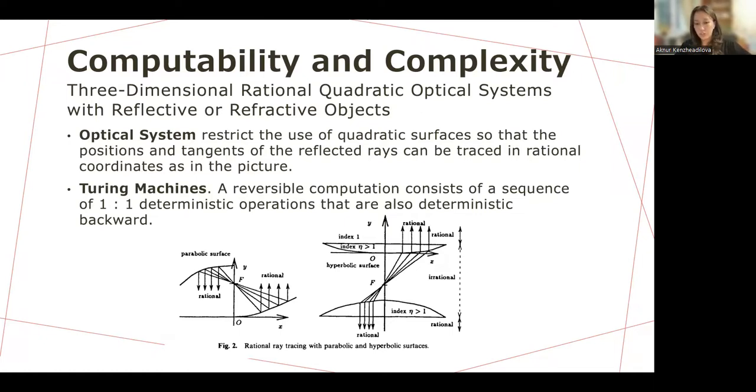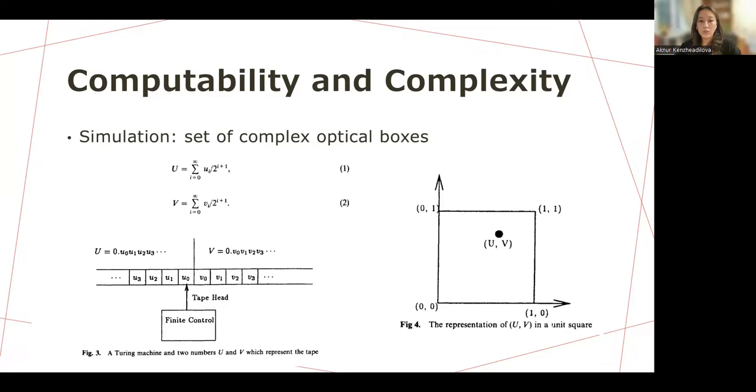A Turing machine is said to be reversible if the transition function is 1-to-1. Then we also need the simulation, which will show that the Turing machine can be simulated by an optical system.